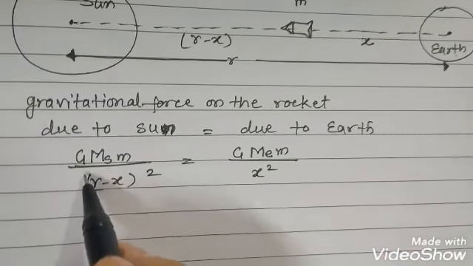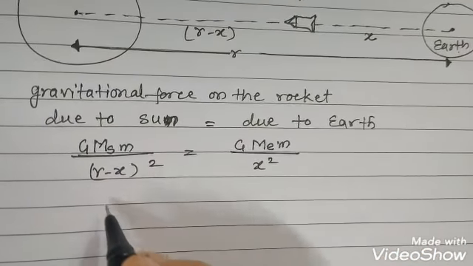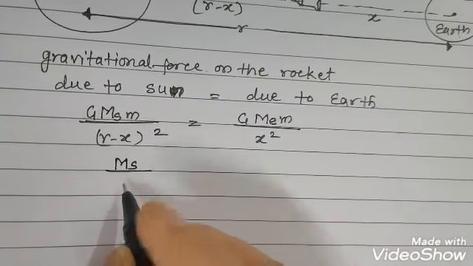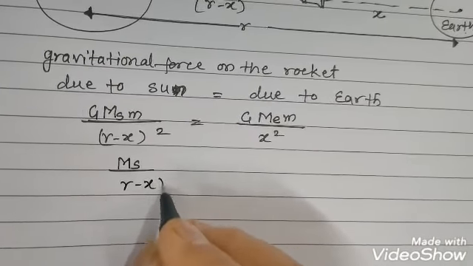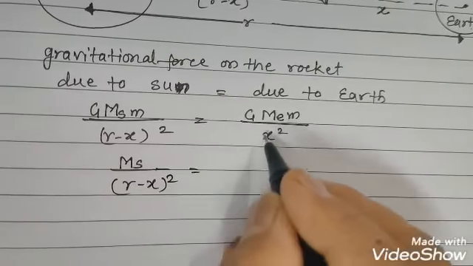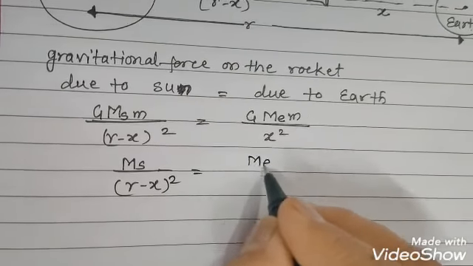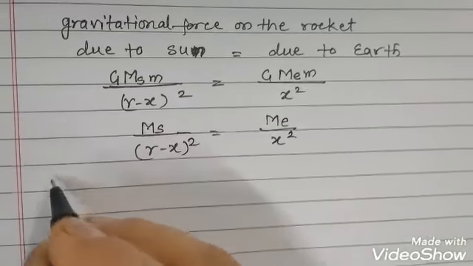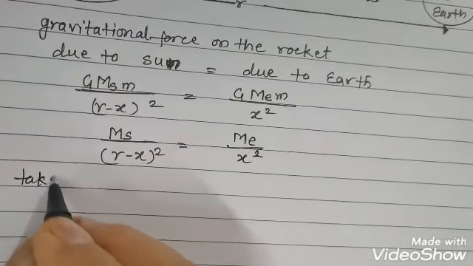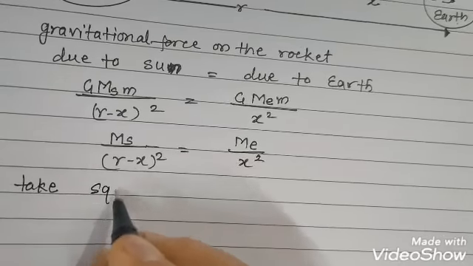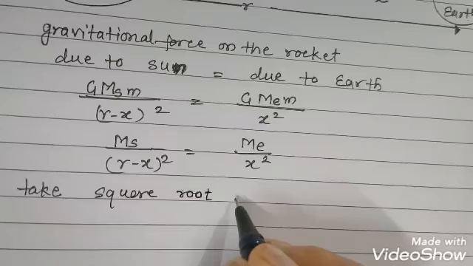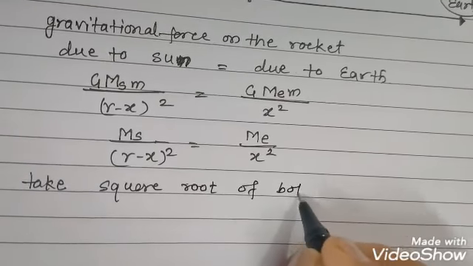So you will see that G and m would be cancelled. The remaining quantity will be Ms, that is the mass of the sun, (r minus x) square equal to mass of the earth and x square. To simplify it, we'll just take the square root of both the sides.